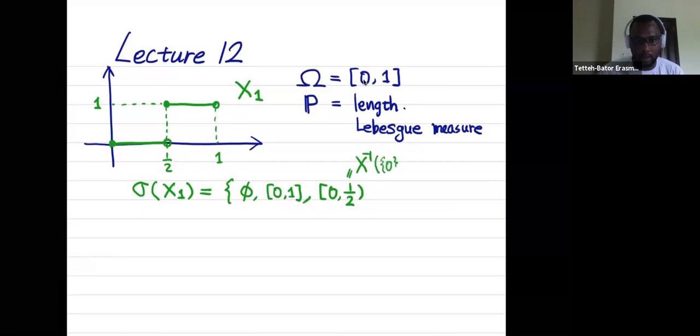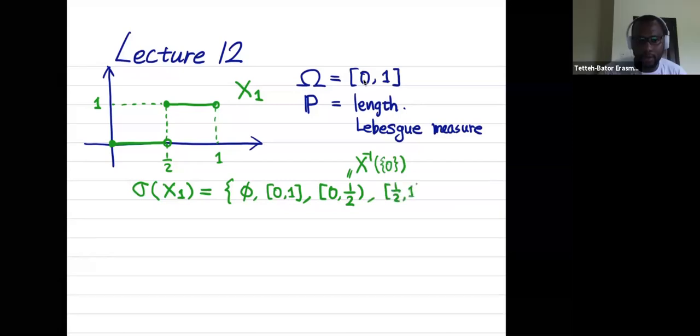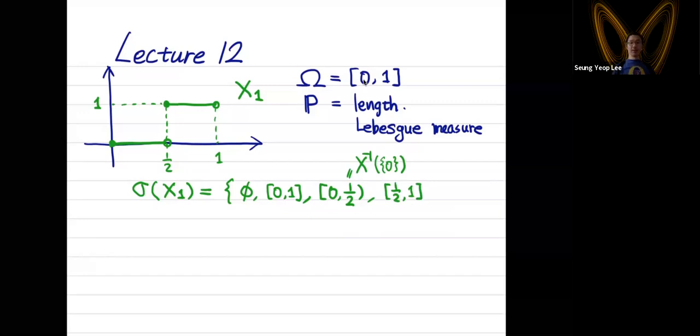That was the pre-image of the 0 set, and the complement, which is 1/2 to 1. Great. There's nothing else needed, because of these 4 elements, you can check that it's closed under complement and closed under union. So it's a sigma algebra. That's the smallest sigma algebra such that x1 is a random variable.